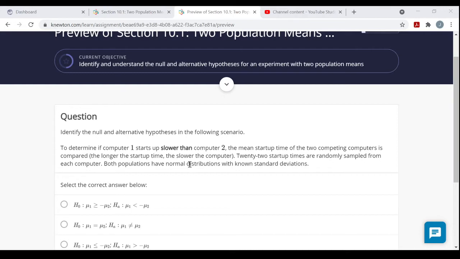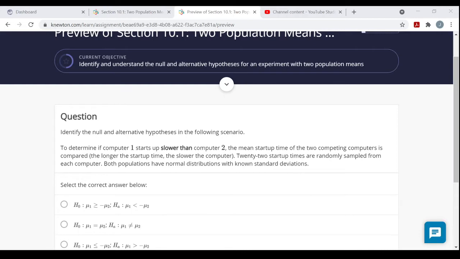Both populations have normal distributions with known standard deviations. Again, that's not going to be super important to us right now because we're only doing the first step of hypothesis testing. We'll get into more steps as the assignment goes on.